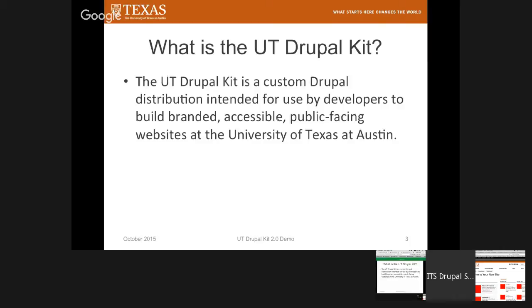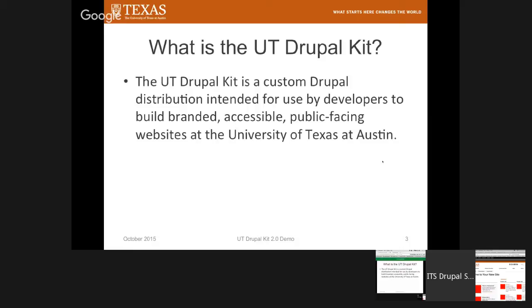If we look at a few words in particular in this slide, I'm going to focus on the words Drupal distribution, which means that we have built this software in the form of a Drupal distribution, which is a particular way of packaging Drupal core with contrib modules from the Drupal community and custom code, in our case a custom theme and some tools for drag and drop page building.